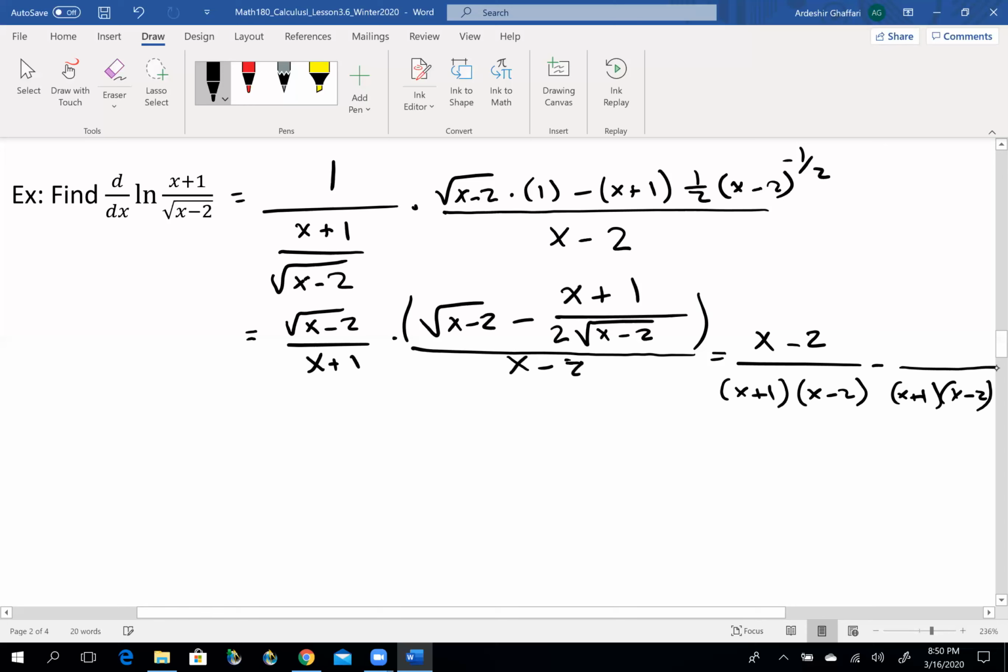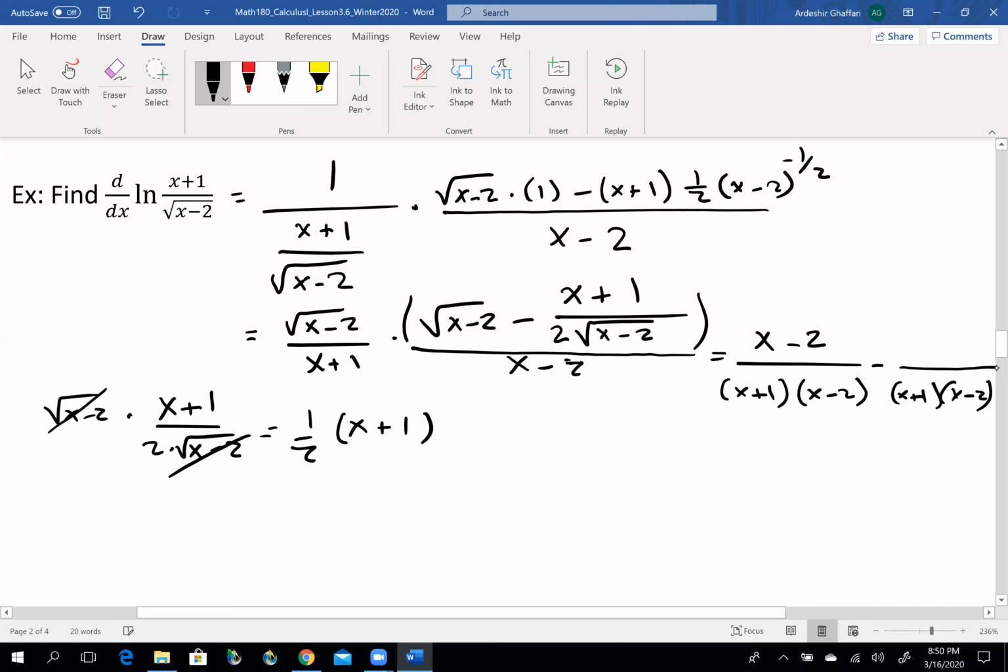So a square root of x minus 2 times x plus 1 over 2 times square root of x minus 2. So obviously this and this cancel each other. So what's remaining is just 1/2 times x plus 1, correct?